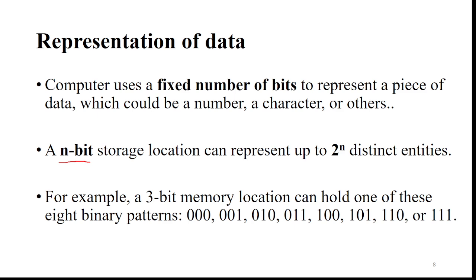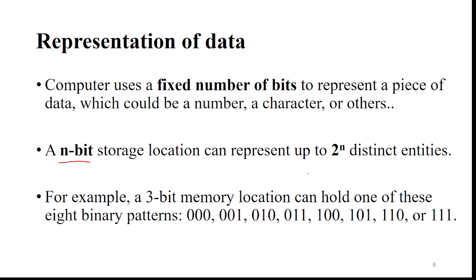So this is 2 power 1, that means we have 2 distinct values. With 2 bits, we have 2 power 2 distinct values. So we have four distinct values, which are 00, 01, 10, and 11.